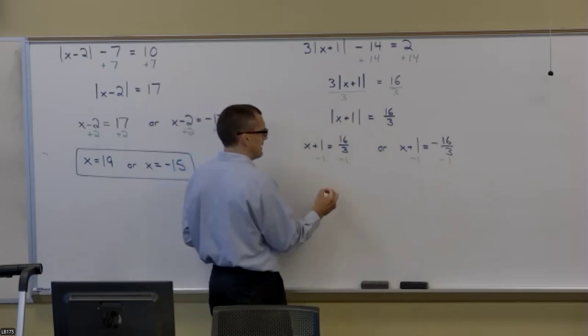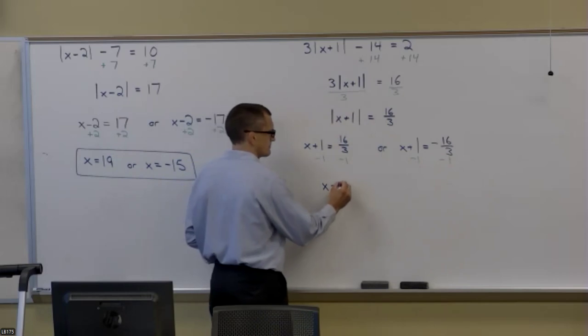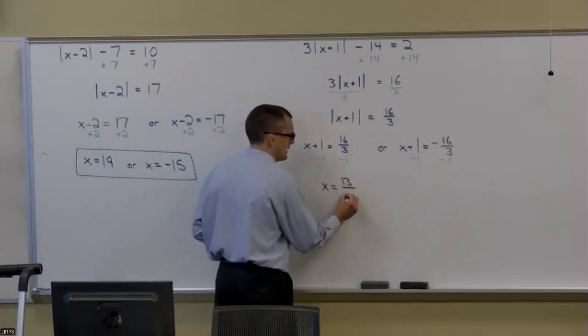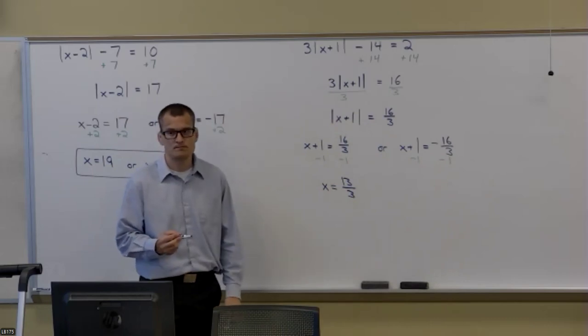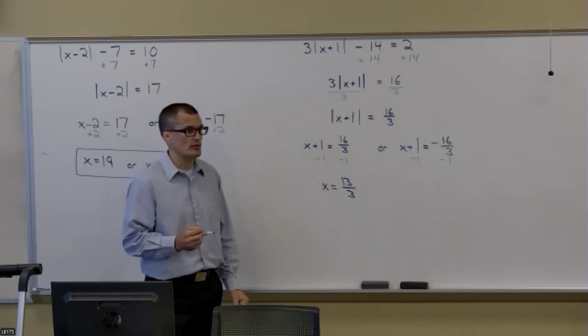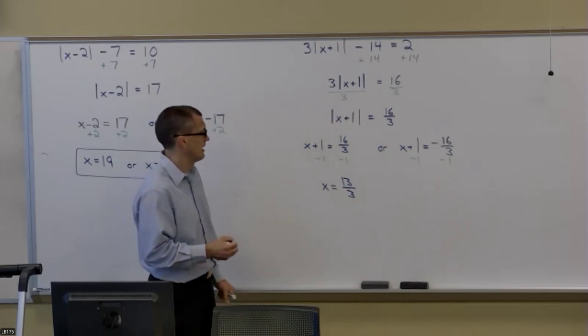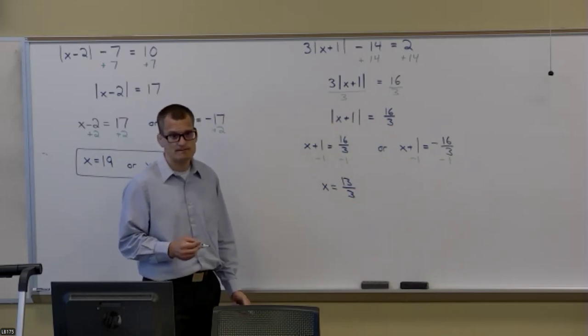And now it kind of depends on how we want to write our answer. If you want an improper fraction, that's 13 over 3. If you want a decimal rounded to a couple decimal places, that's, I believe, 4.33, approximately.